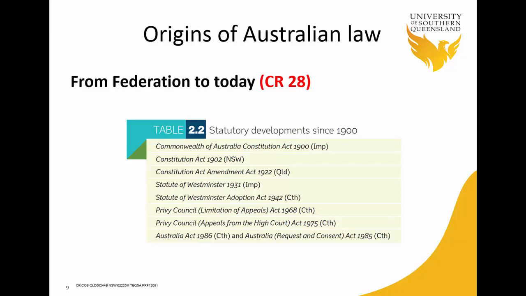The system was based on the English Westminster system of government, with a bicameral parliament, so 2 houses. One of them is the lower house, the House of Representatives, and the other, the upper house, is the Senate.